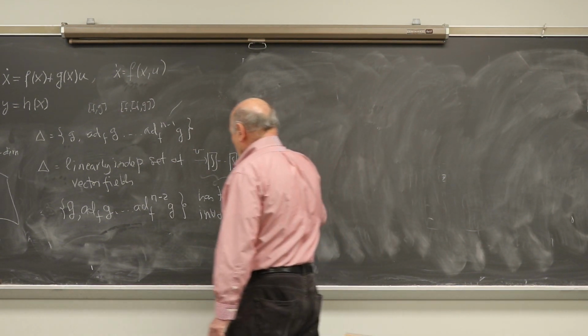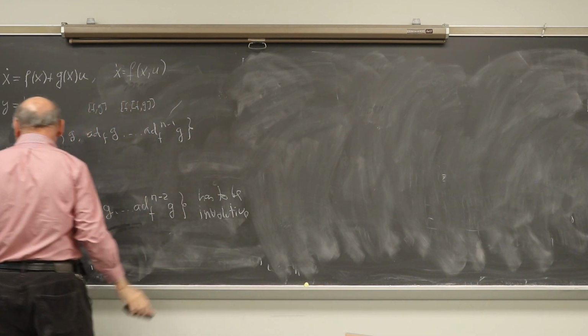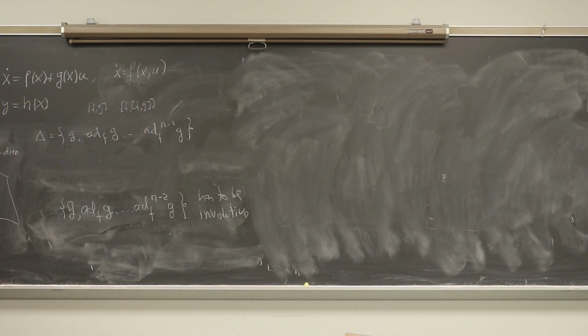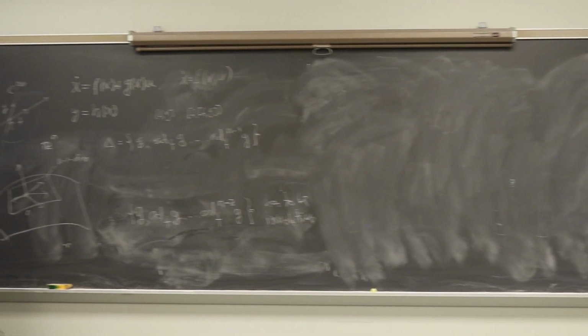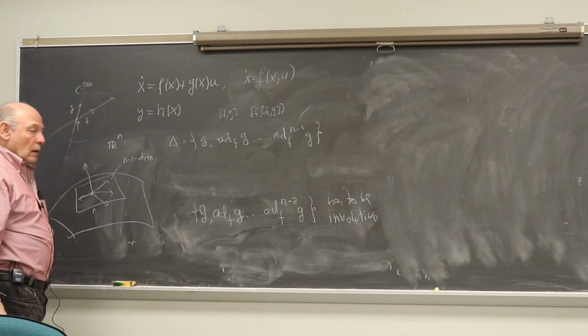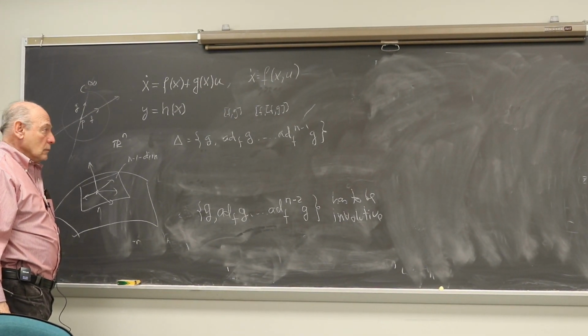So if they are not linearly independent, you find the rank is R. Then you don't span the whole state, the whole tangent space, and you won't be able to go to certain directions. So if that distribution is not linearly independent, you find the rank R, and R is your relative degree?